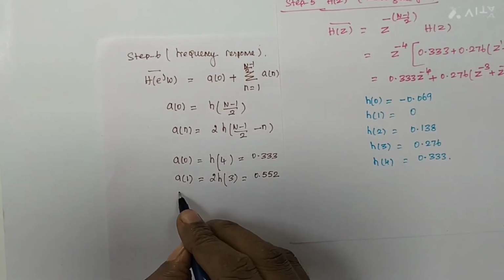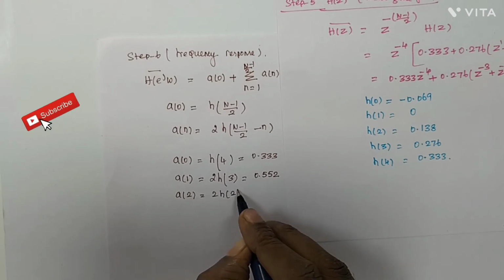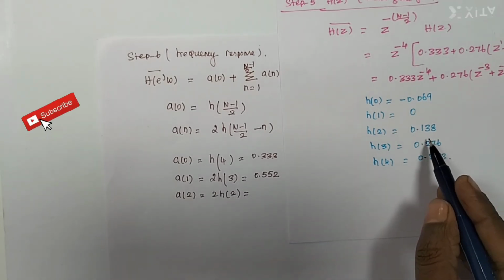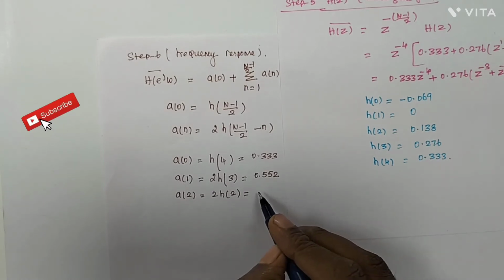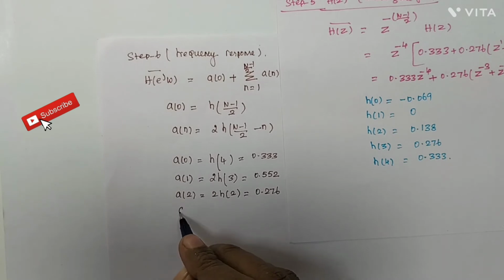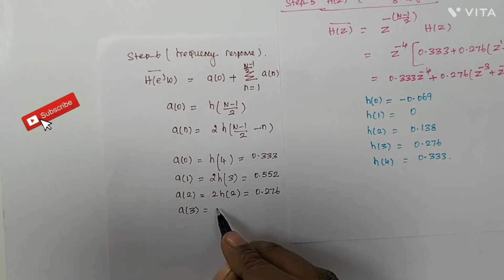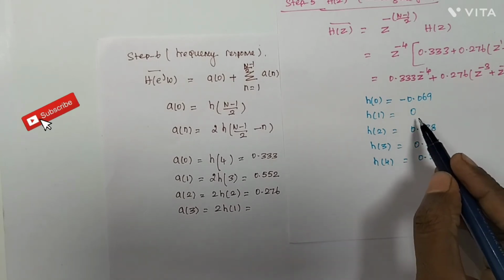And similarly, a of 2 is equal to 2 into h of 2. H of 2 is 0.138. So 2 into 0.138 is 0.276. A of 3 is equal to 2 into h of 1. 2 into h of 1 is 0.